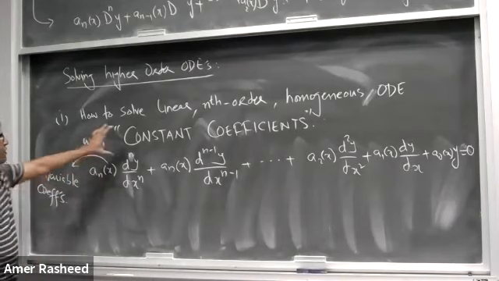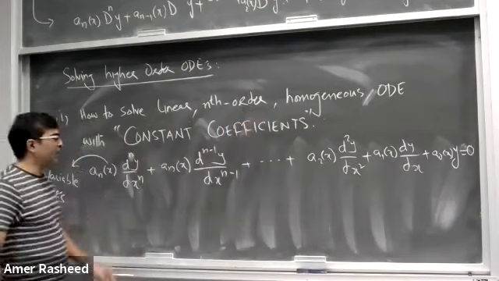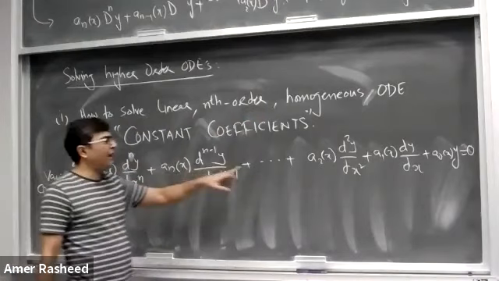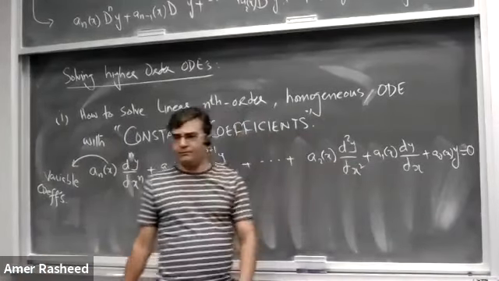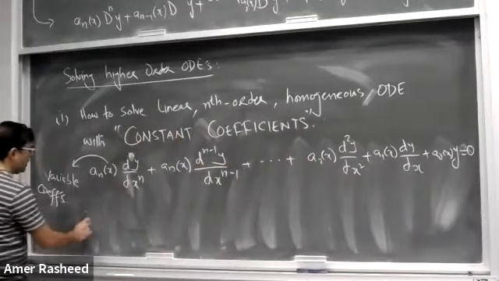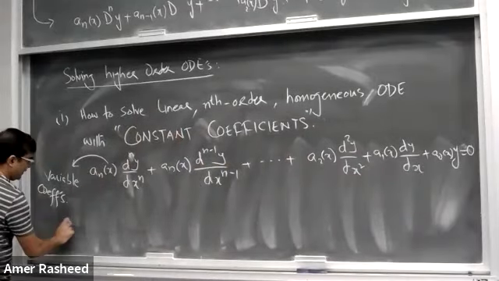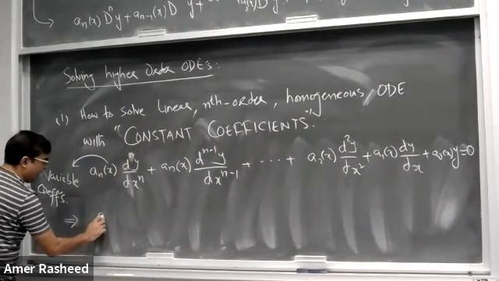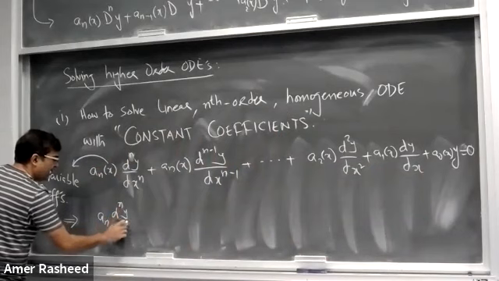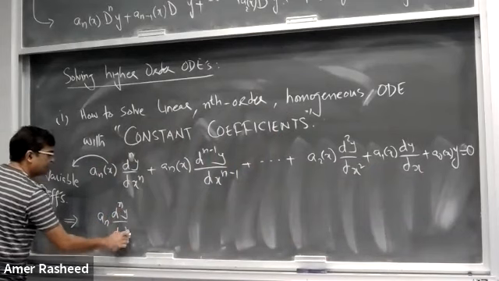Now, when we talk about constant coefficients, the coefficients of the derivatives of y must be constant. This one as well. So this equation in that case will be written as a_n d^n y/dx^n.